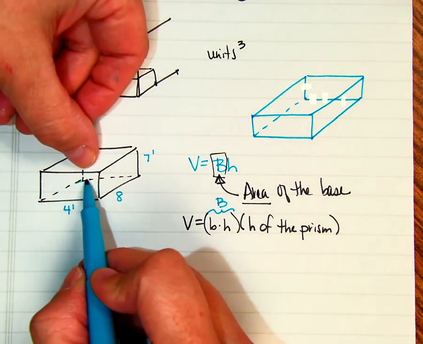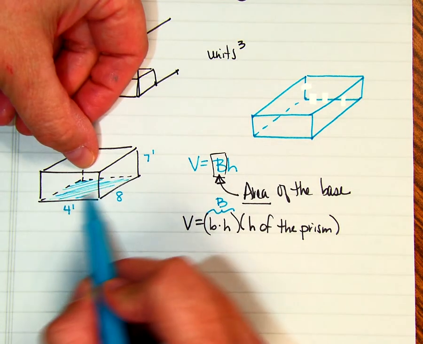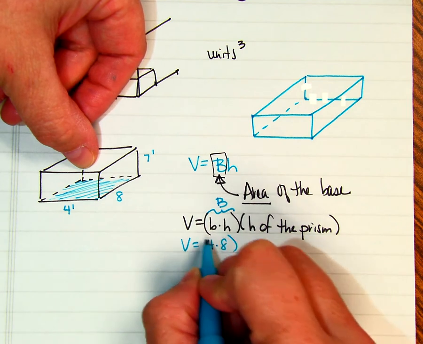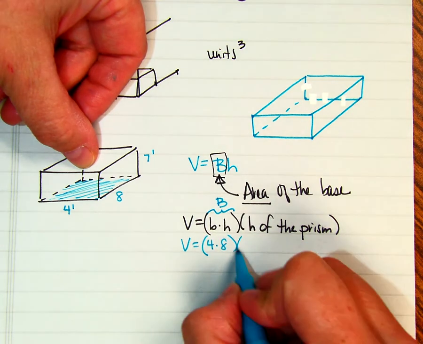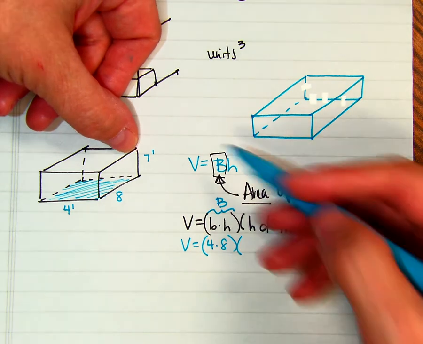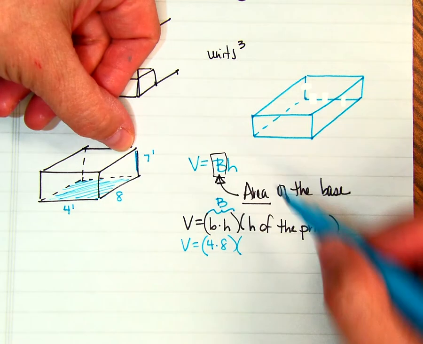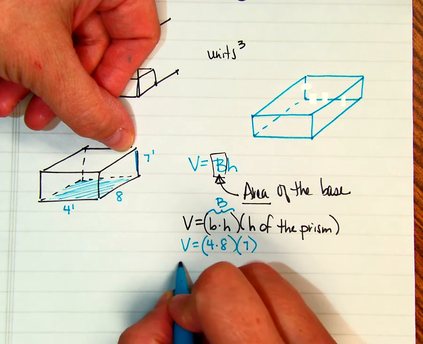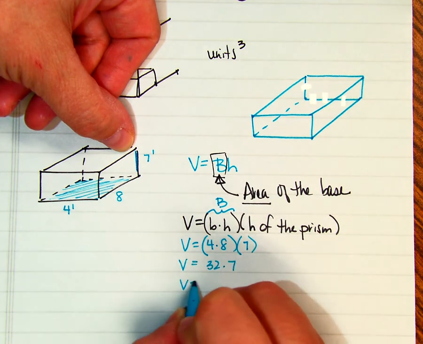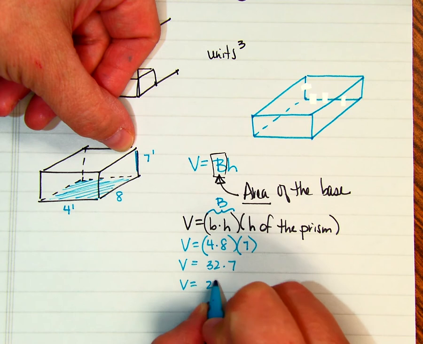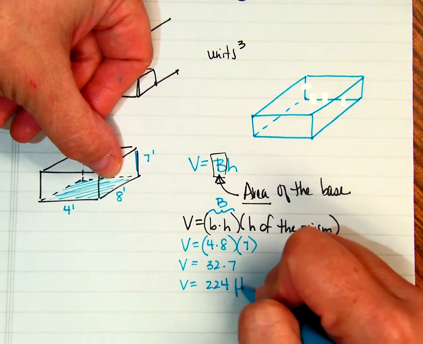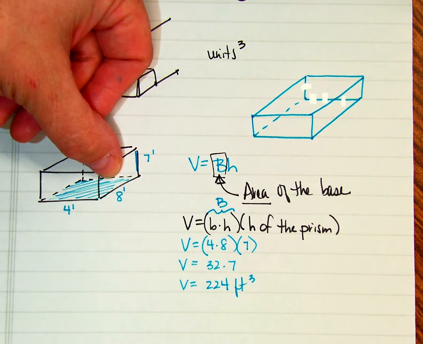So the area of my base is right here, which is 4 times 8, times the height of my prism, which is going to be 7. So I have the volume equals 32 times 7. So the volume equals 224. We are dealing with feet. So this is going to be feet cubed.